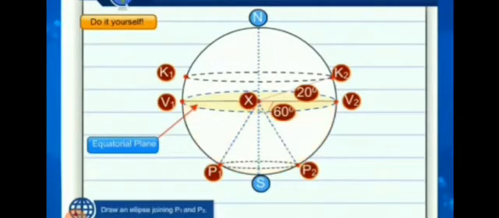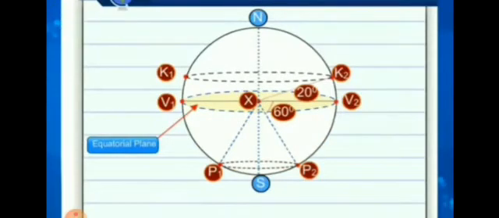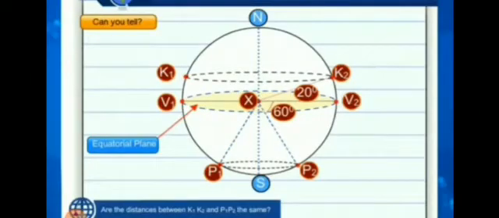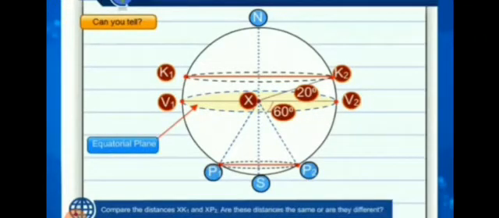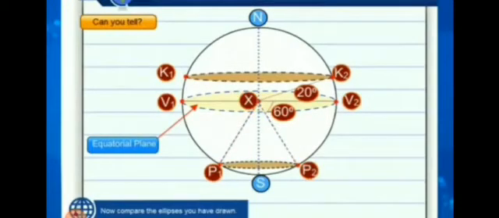Draw an ellipse joining P1 and P2. Can you tell? Are the distances between K1, K2 and P1, P2 the same? Compare the distances X K1 and X P2. Are these distances the same or are they different? Now compare the ellipses you have drawn. Which is the larger ellipse? Why?